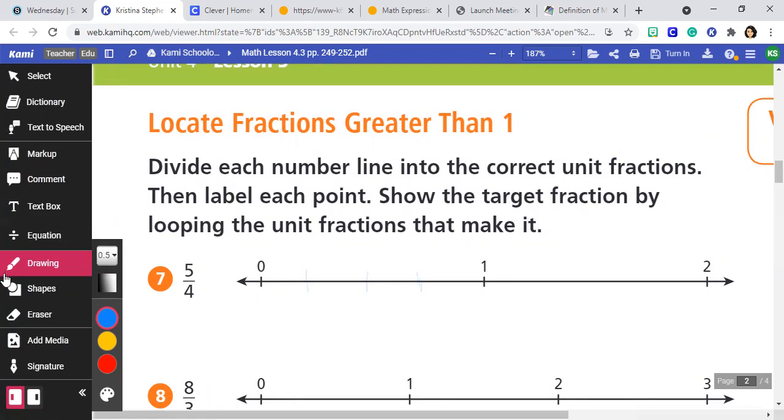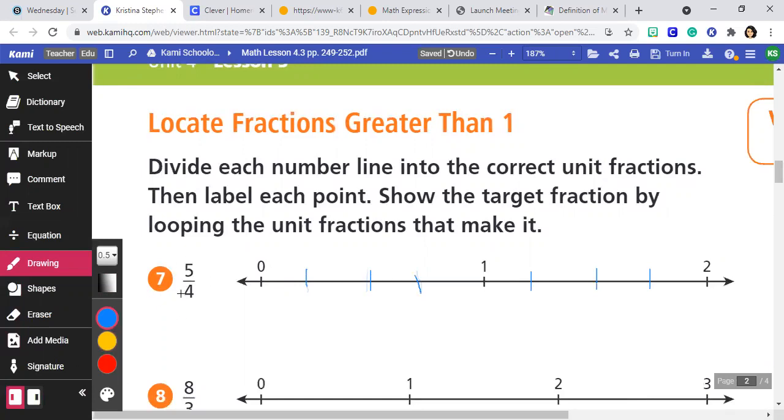But I'm also going to make 4 equal sections between each whole number. So not only in between 0 and 1, but also between 1 and 2. In between each whole number, you have to have the same amount, the correct number of unit fractions.